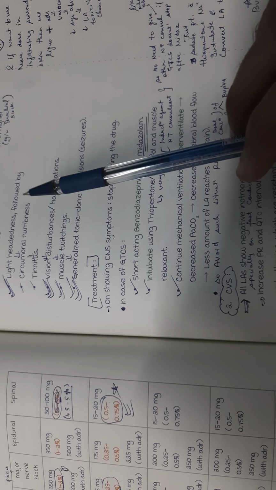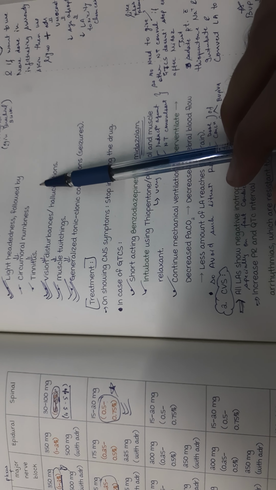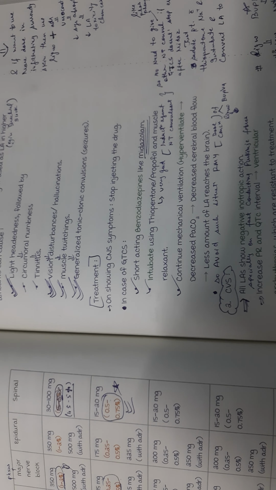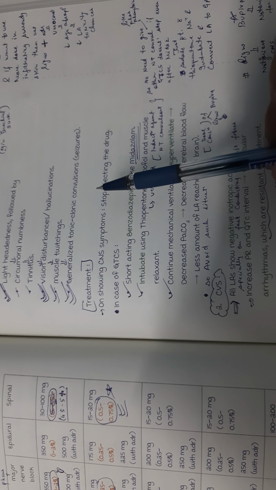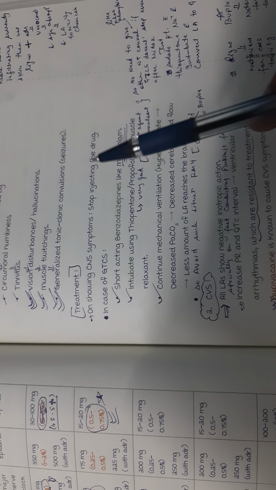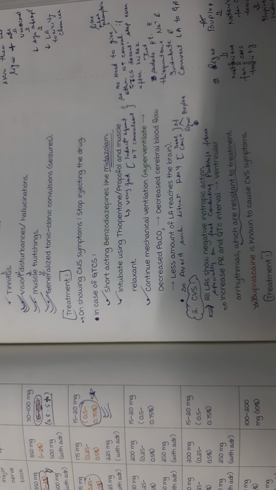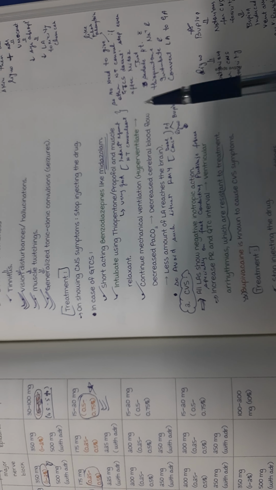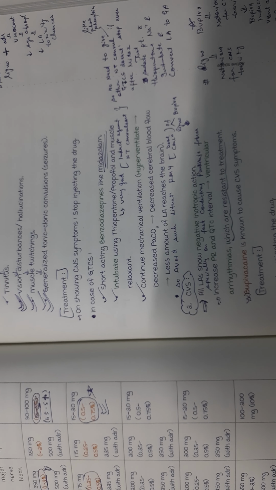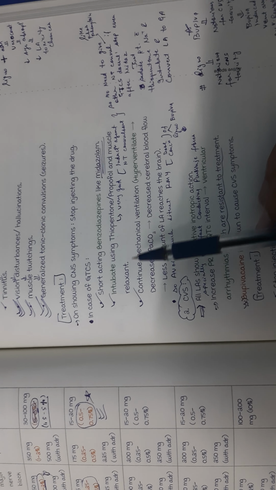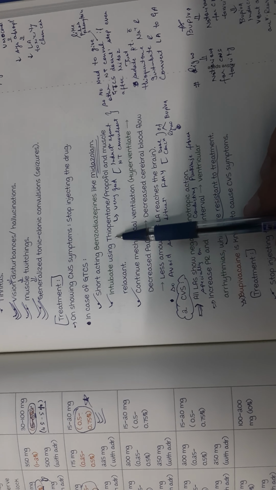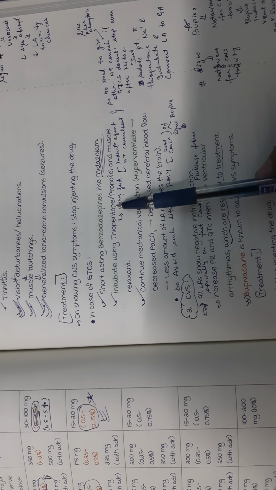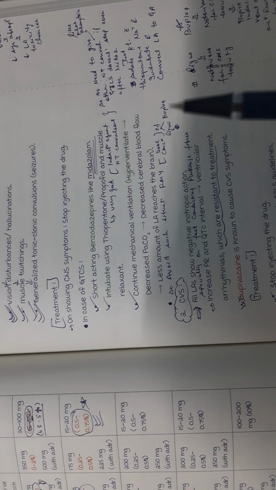We were giving LAs for a regional block, or a spinal block, or local anesthesia, but now the patient has gone into toxicity, so we cannot manage the patient in the superficial planes of anesthesia. We have to take the patient into the deeper planes of anesthesia. So after giving the anticonvulsant, we will convert the LA to GA, so that we can manage the patient with our drugs, which will be easier for us.